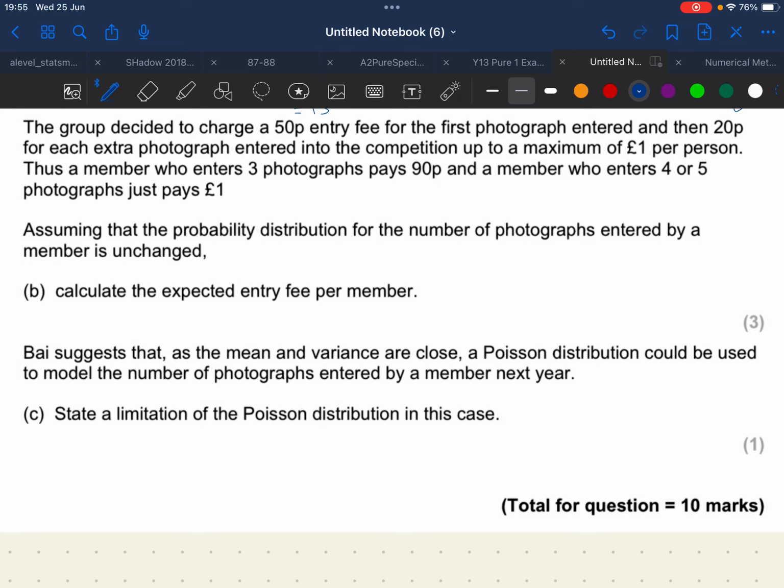Thus, a person who enters 3 photos pays 90, so 50, 70, 90. So that's what they're saying. And 4 and 5 is just 1, so they save a little bit of money. Assuming that the distribution is not changed, what would the money look like for that one there?